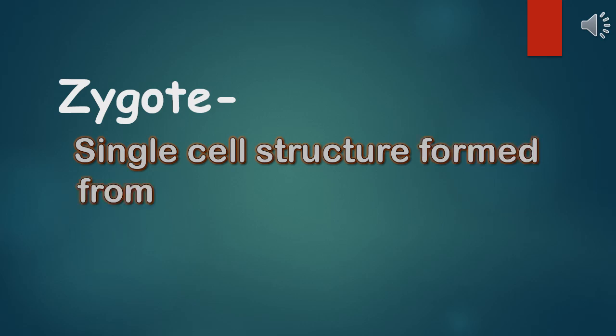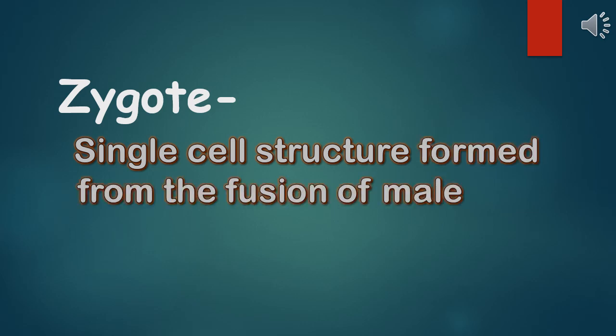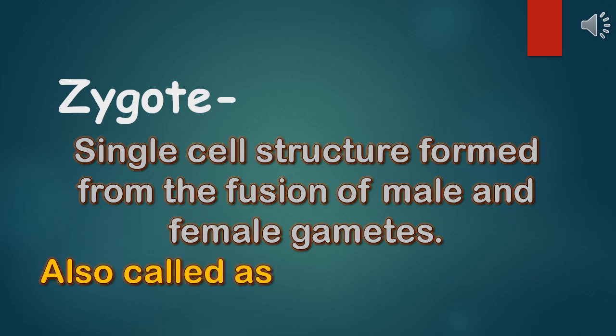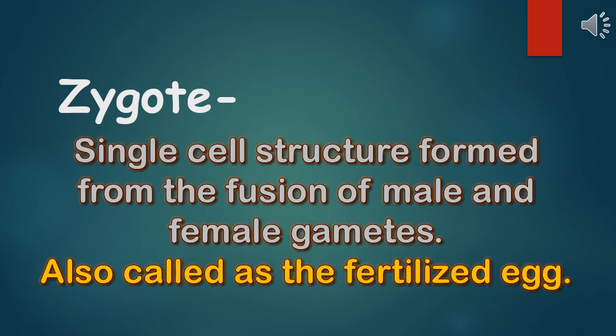Children, now what is a zygote? It's a single cell structure formed from the fusion of male and female gametes. Also, it's called a fertilized egg. When we talk about plants, this zygote will become a new plant one day.